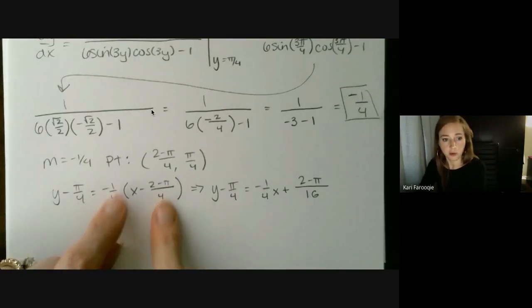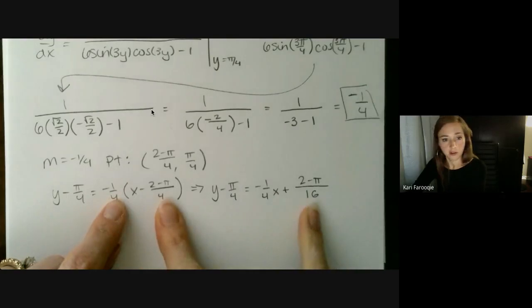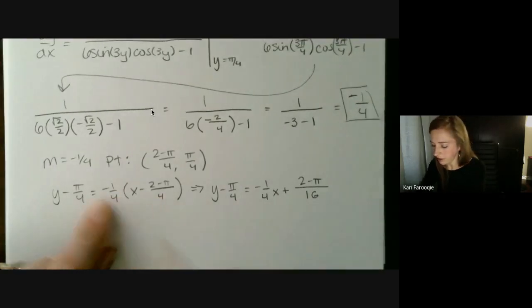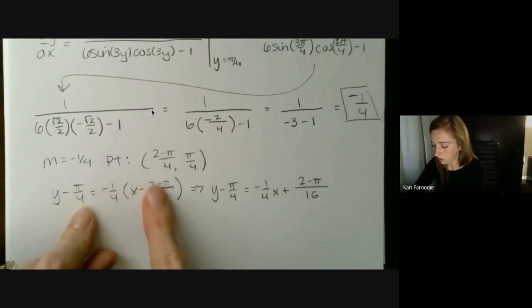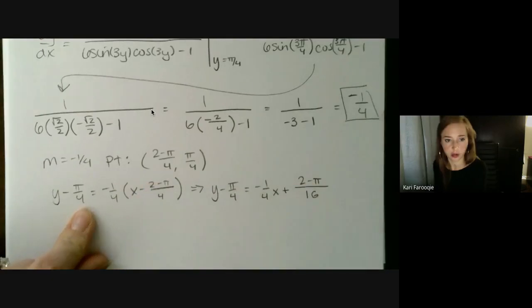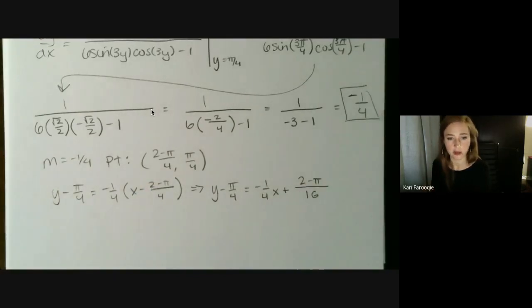So 4 times 4 in the denominator gives you the 16. And the negative times a negative gives you a positive. And then 1 times 2 minus pi is 2 minus pi. If you kind of break it up like that, it makes it a little bit easier to see. Don't feel like you need to split this up into 2 terms. You can, but you don't have to.